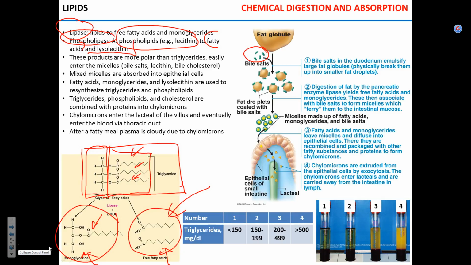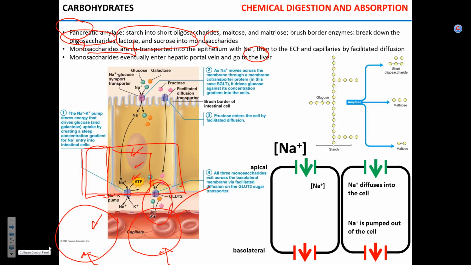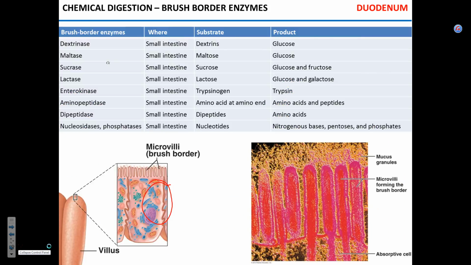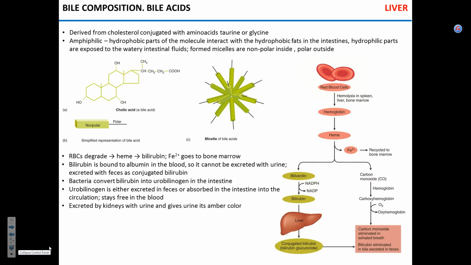So what happens? Bile salts, remember we talked about it, they form micelles. Here, they form micelles, where hydrophobic parts turn into the center of the micelle, and hydrophilic parts are exposed to the outside, to the watery environment of the duodenum.